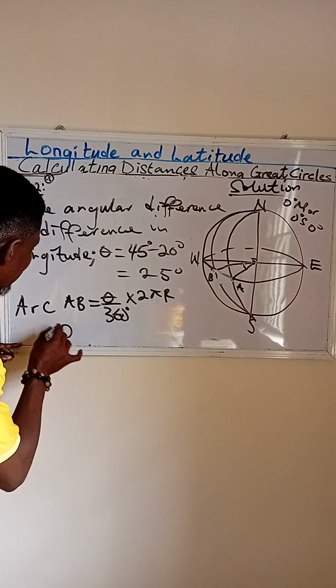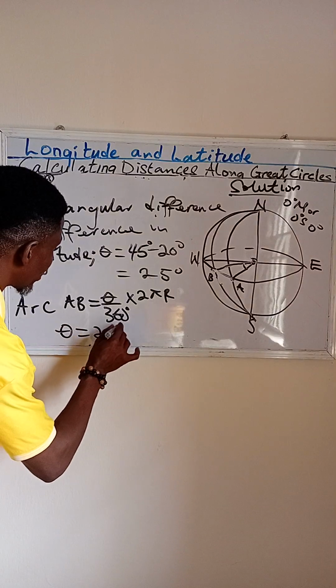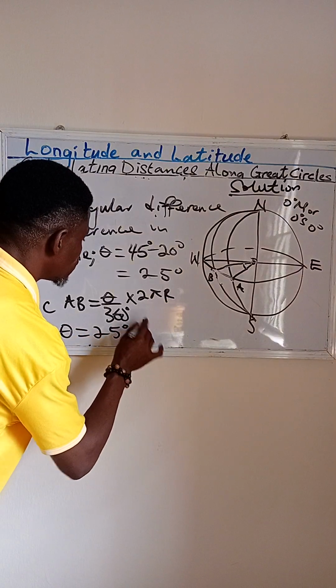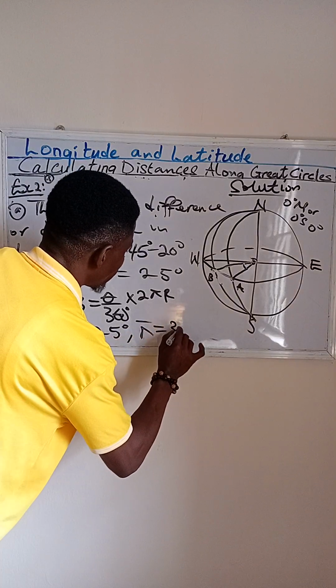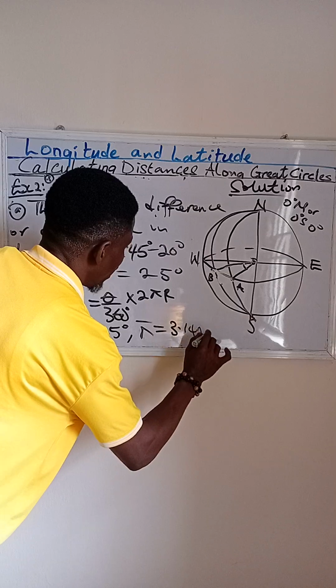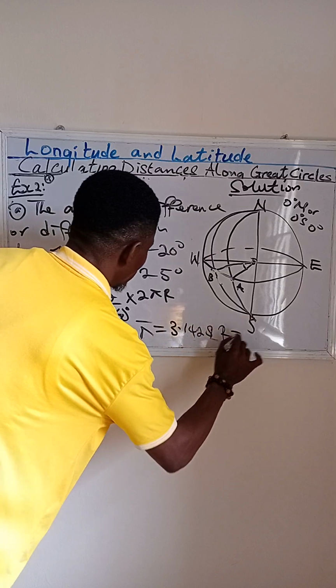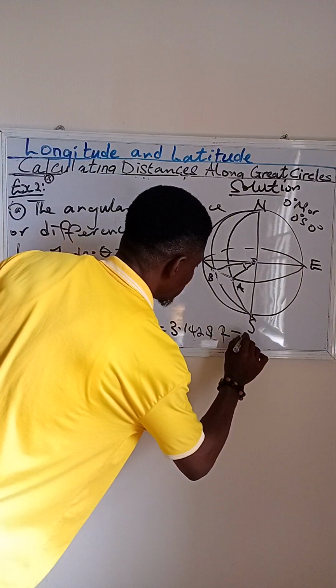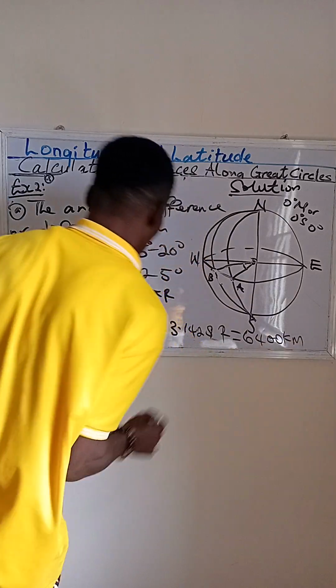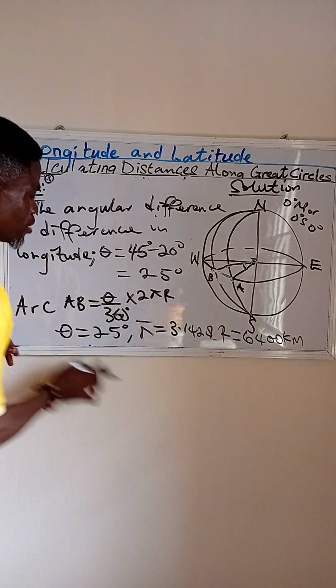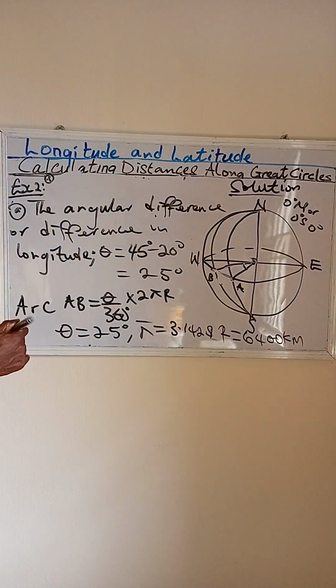Don't forget your theta is 25 degrees. Your pi is given as 3.142. And your r is the radius of the earth, which is 6,400 kilometers. After that, put all these parameters inside this formula.